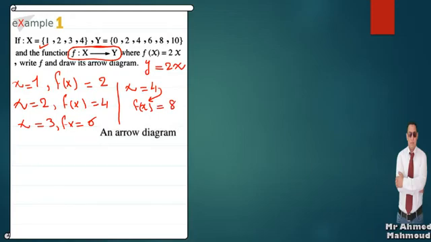Now I need to write f. f equals the set of (1, 2), (2, 4), (3, 6), and finally (4, 8). This is f.